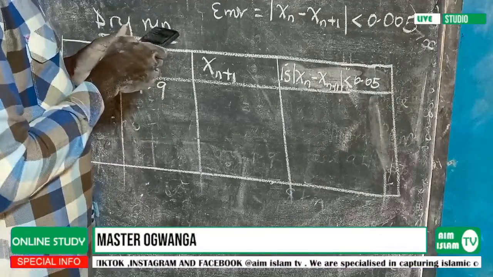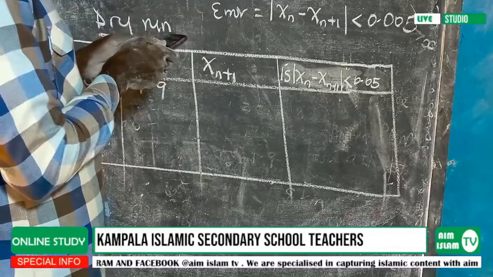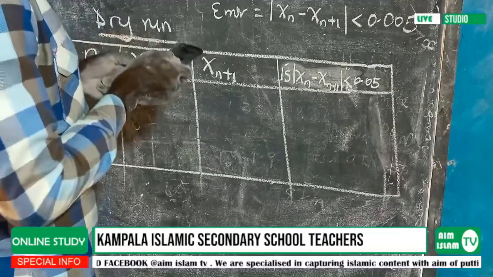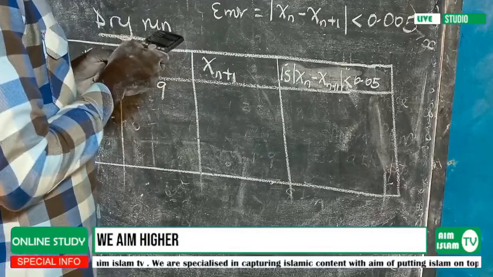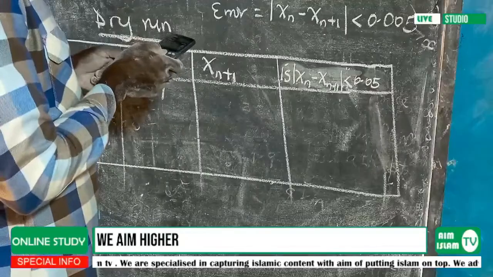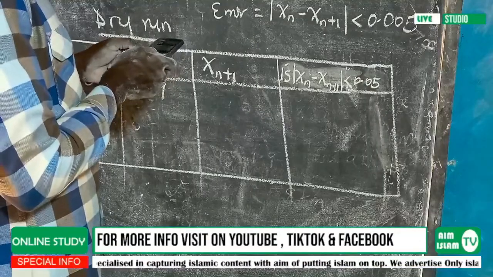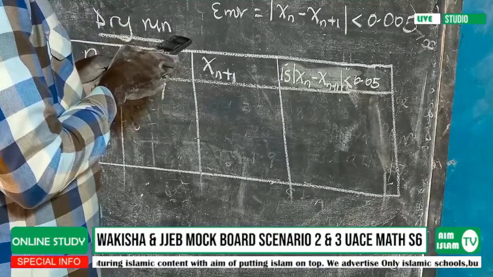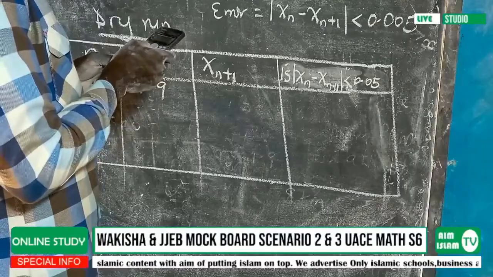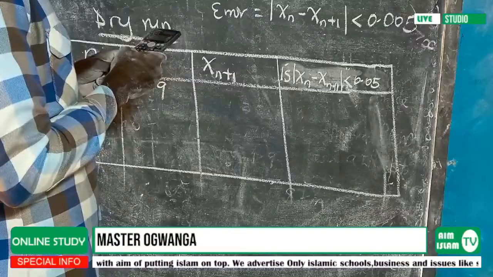Then you divide by negative exponential 1.9 sine 1.9 plus exponential 1.9 cos 1.9. Close the bracket.